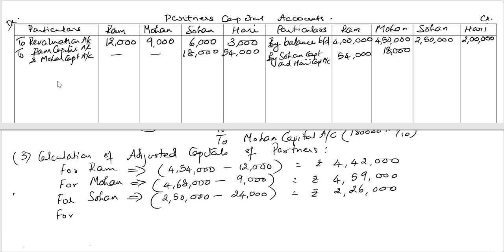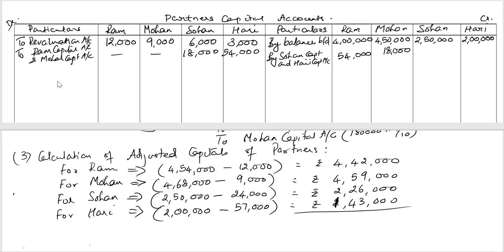For Hari, 2 lakh minus total of the debit side 57,000 rupees is rupees 1 lakh 43,000 rupees. So let's get the total.